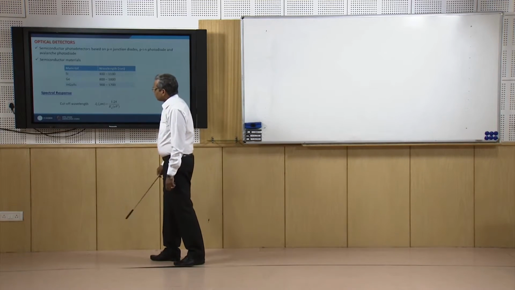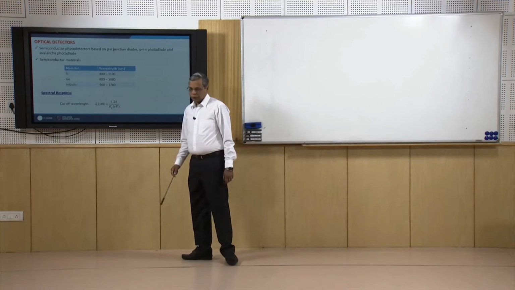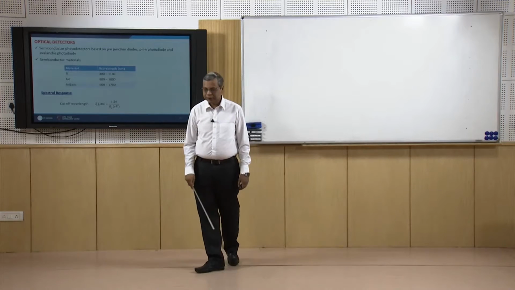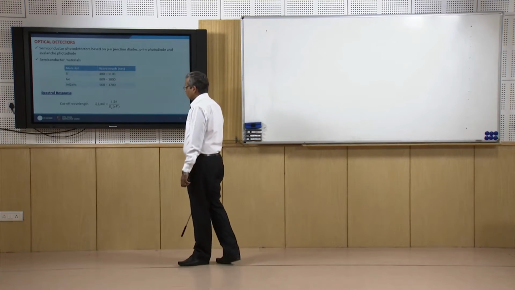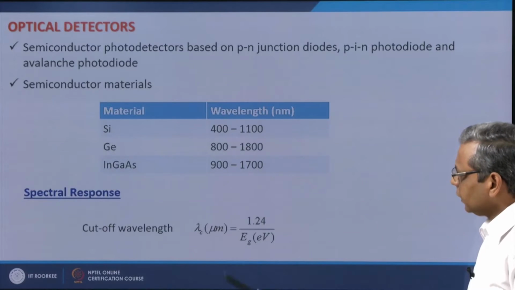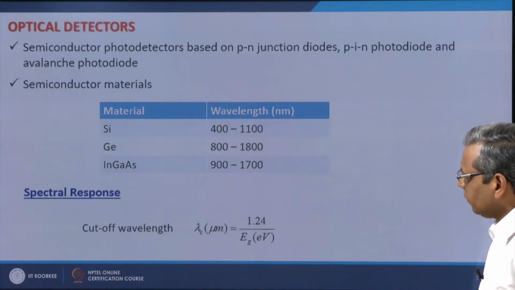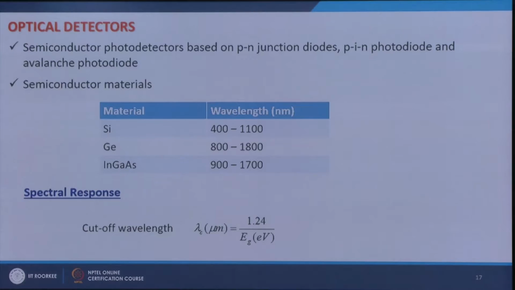If you look at the spectral response, then a material responds only to certain wavelength regions depending upon the band gap of the material, and the cutoff wavelength is given by lambda c in micrometer is equal to 1.24 divided by Eg in eV.